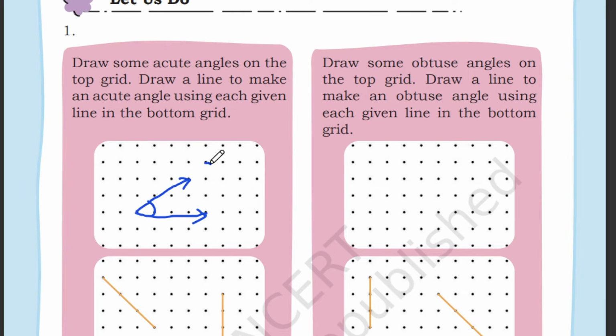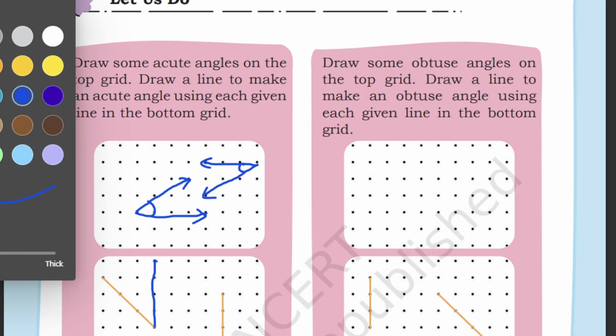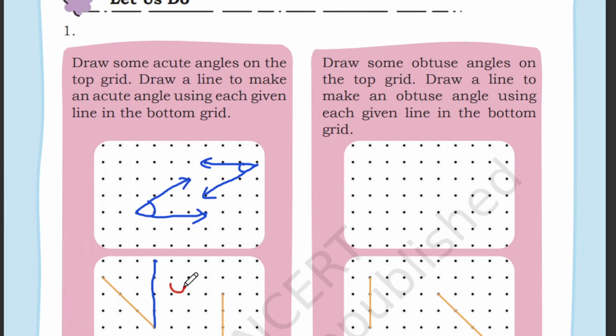And we draw one more angle here, a smaller one. So this one is also an acute angle. Okay, here. So if you draw a line here, when you are seeing from this place, this one is an acute angle.